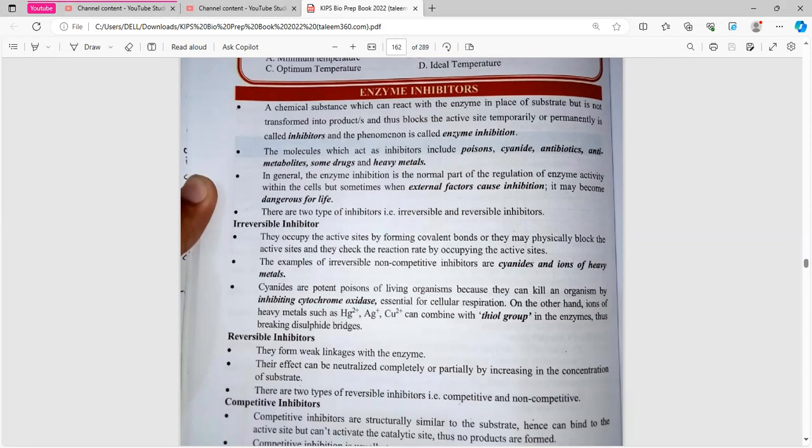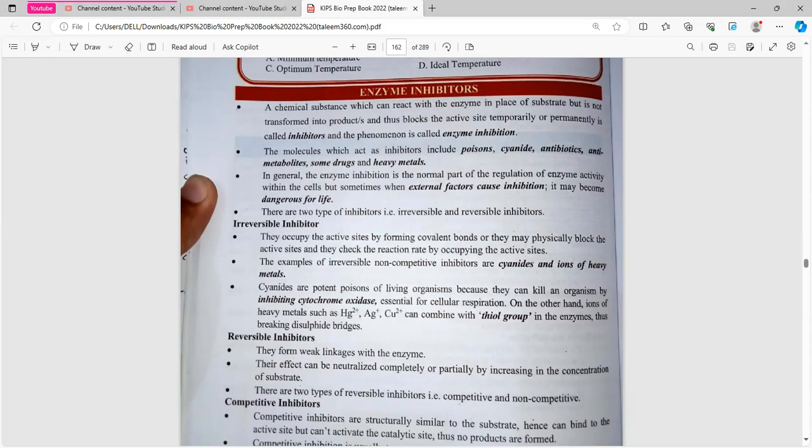Now, in contrast is non-competitive or irreversible inhibition. In this type of inhibition, the inhibitor binds either to the active site or to any structure outside the active site. When it binds to any structure besides the active site, that is referred to as allosteric inhibition. You need to remember that name.